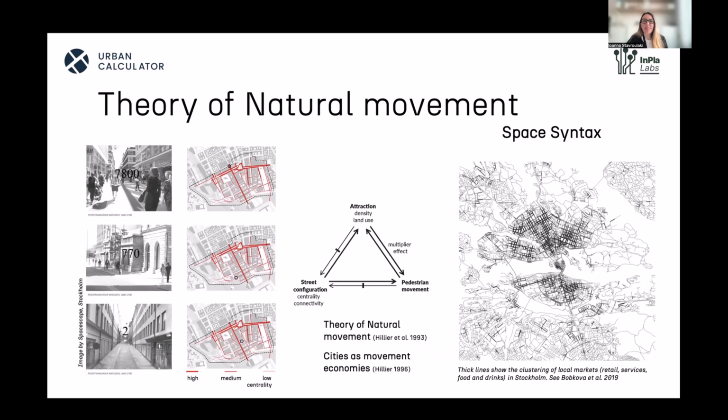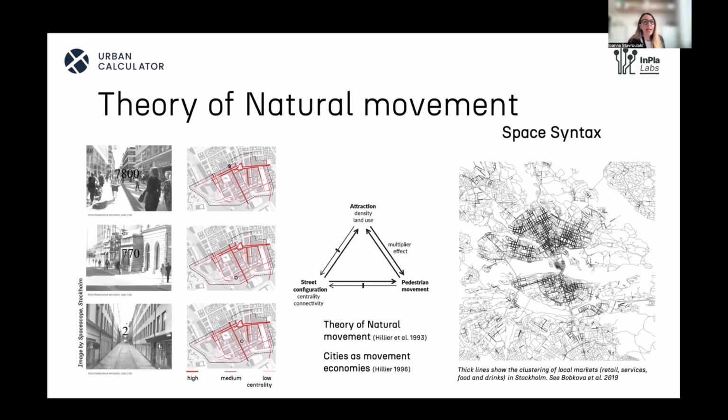Oh, sorry, excuse me. So what this theory argues, and it has been proven through numerous empirical studies, is that the street centrality, the street configuration, the street layout in a city is the generator of movement flows, predominantly pedestrian flows. And these pedestrian flows create the conditions for attracting land uses and densities in the city.